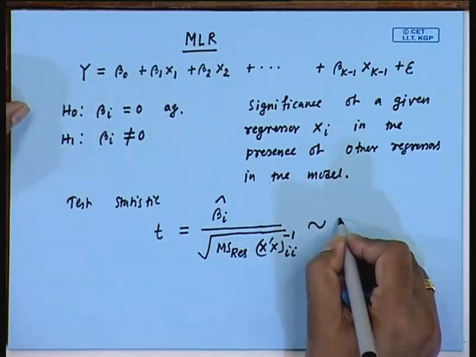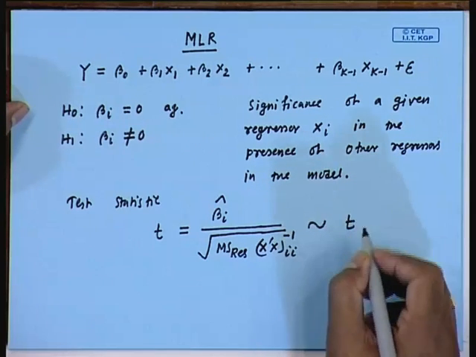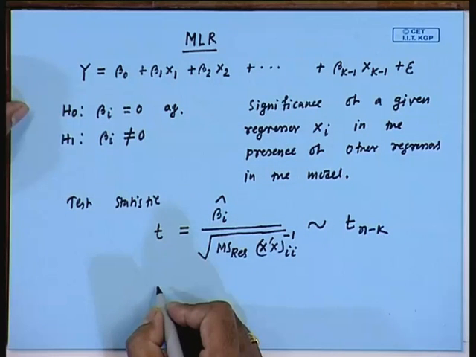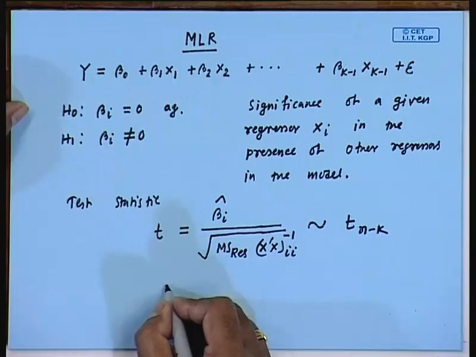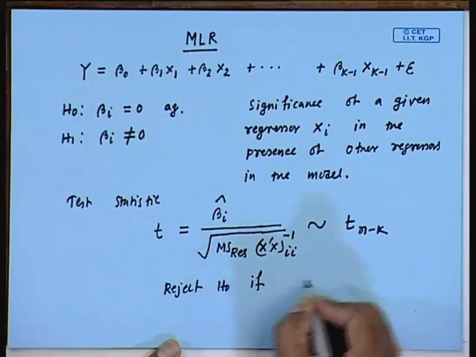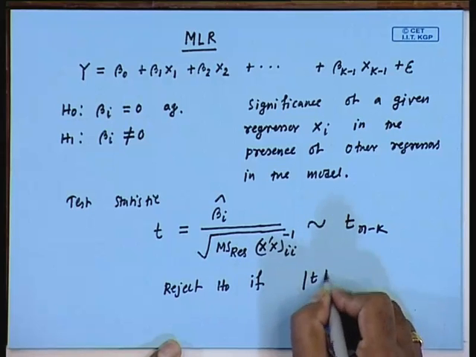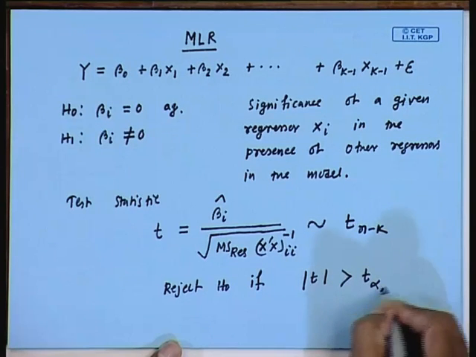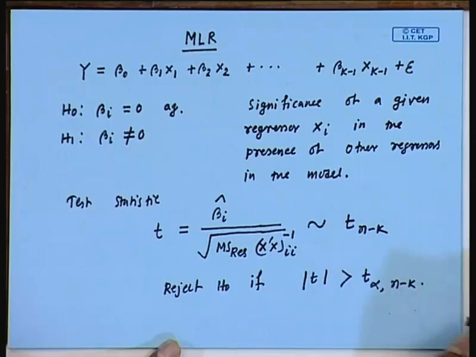This follows a t distribution with n minus k degrees of freedom, and we reject H naught if mod t is greater than t alpha by 2, n minus k. So, this is the test using the t test statistic.